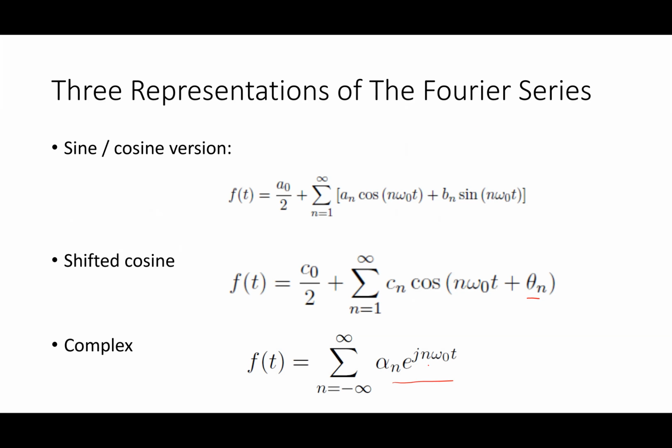The one I said was the easiest was the complex form of the series. There's 3 forms of it. Math typically shows you this one here, but from an engineering, analysis perspective, the complex form of the series becomes a lot easier.